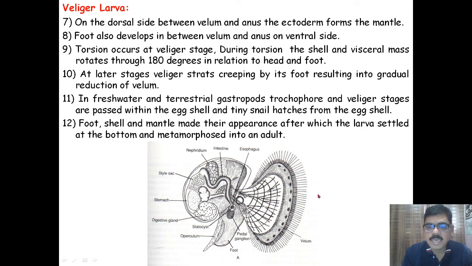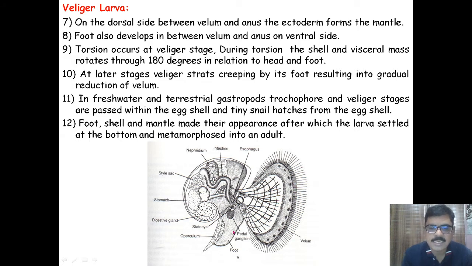This is the characteristic feature of these gastropod larvae, that is the torsion. The torsion occurs at this veliger stage. During torsion, the shell and visceral mass rotate through 180 degrees in relation to head and the foot.